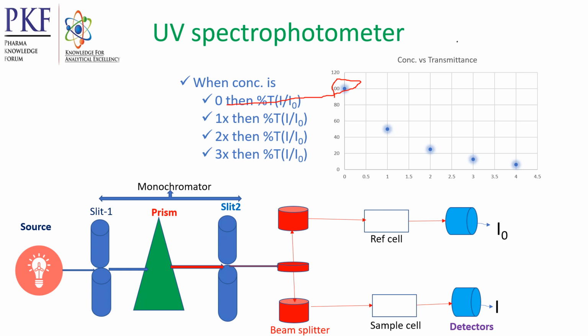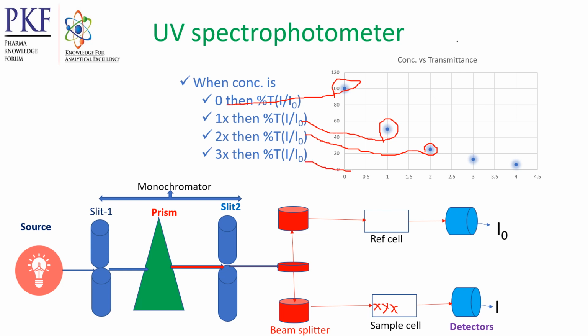Let us put a sample solution of concentration X in the sample cell. Then transmittance decreases to 50%. Now let us increase the sample solution concentration by X unit. Then transmittance decreases a further 50% and it becomes 25%. Now let us increase again the sample solution concentration by X unit.